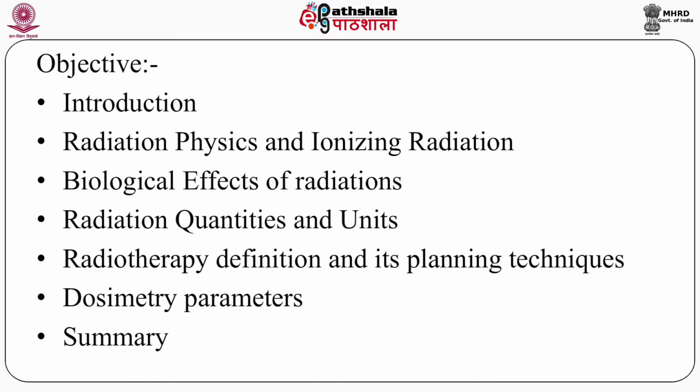So today our objective is: first, introduction, radiation physics and ionizing radiation, biological effects of radiations, radiation quantities and units, radiotherapy definition and its planning technique, dosimetry parameters, and at the end, a summary.